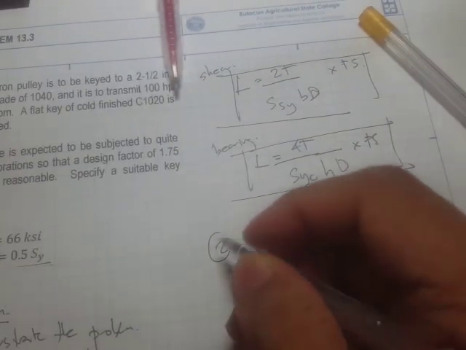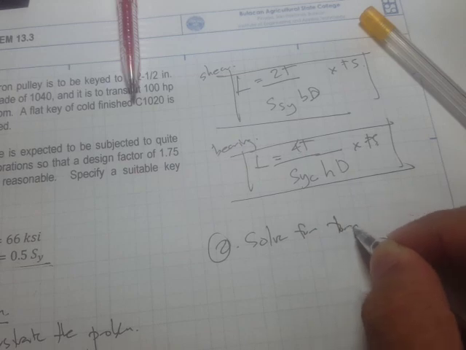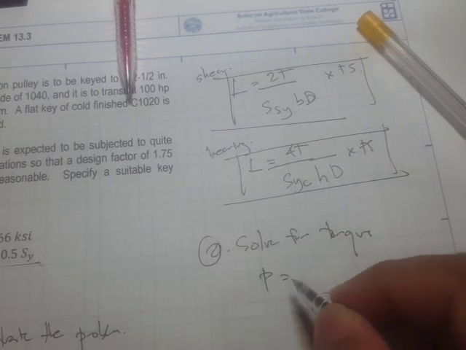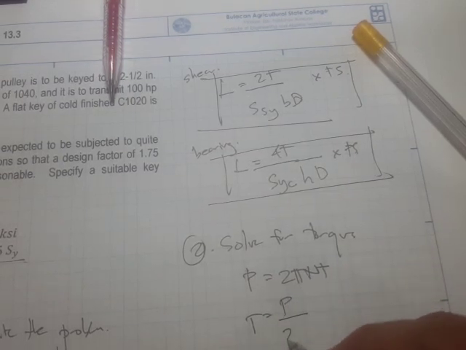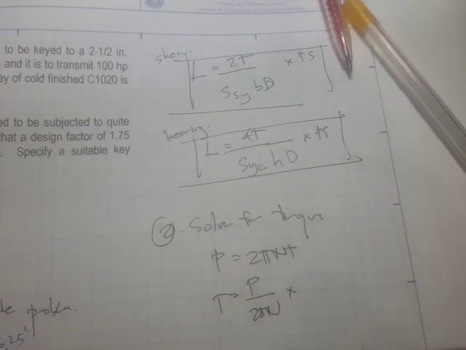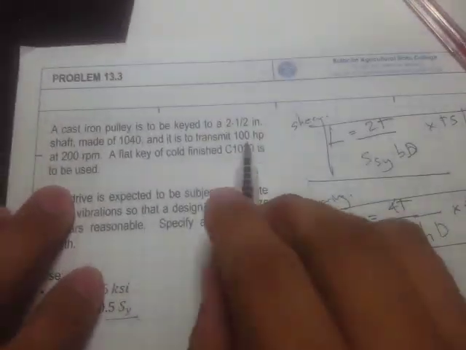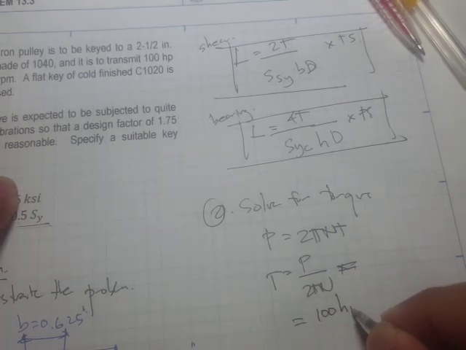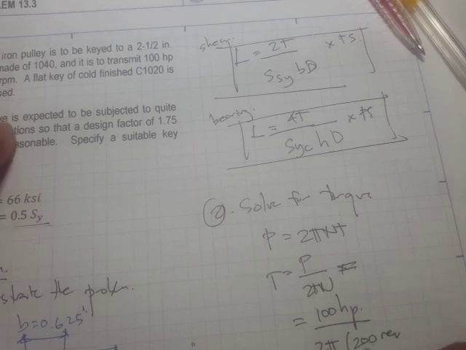Number 2, solve for torque. For the torque, we use this equation, P is equal to 2 pi nT, and T therefore is equal to P all over 2 pi n. If we substitute the values, we get 100 HP all over 2 pi times n, 200 revolutions per minute.